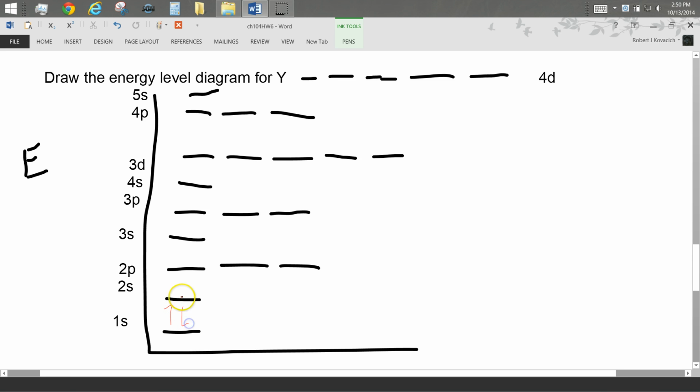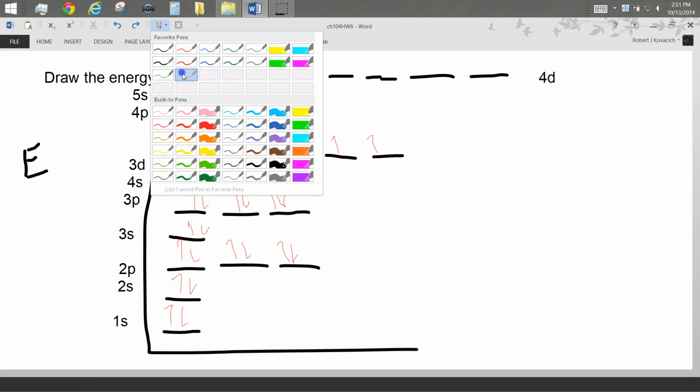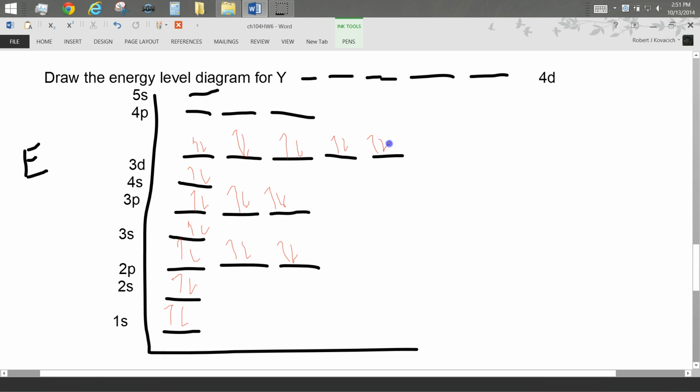One up, one down, one up, one down, one up, one up, one up, one down, one down, one down, one up, one down, up, up, up, down, down, down, up, down, up, up, up, up, up, down, down, up, up.